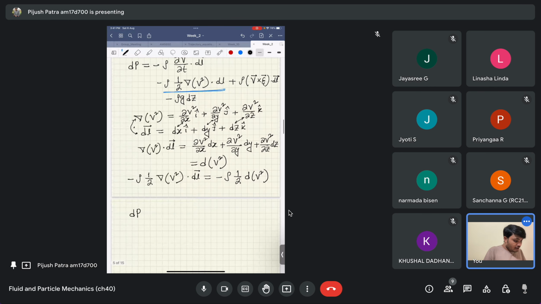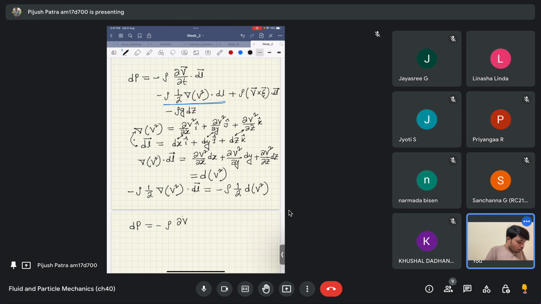So dp is equal to minus rho dou v dou t dot dl, minus rho half d of v square, plus rho v cross zeta dot dl, minus rho g into dz.